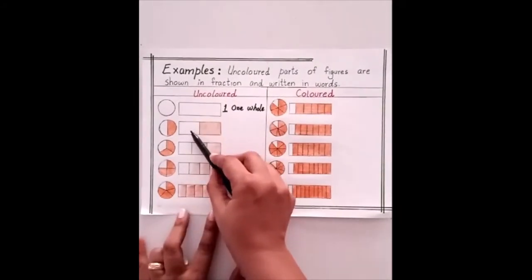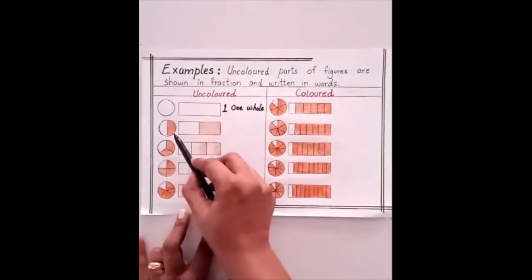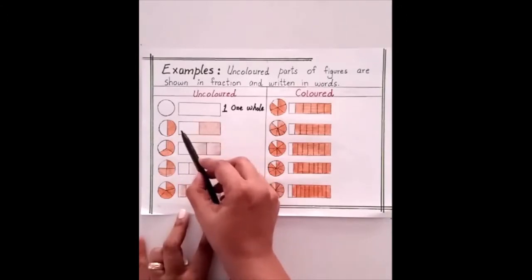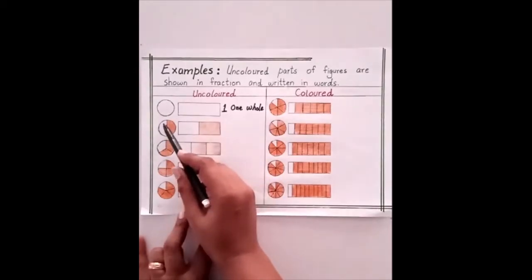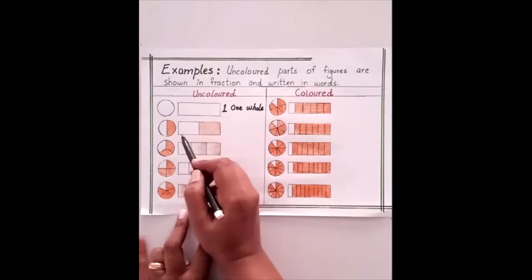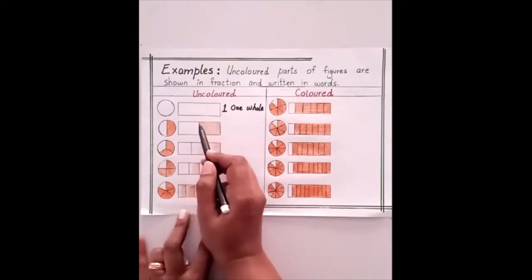Picture number 2 is, the whole is given over here. What we have to do, we will see the total number of parts is 2 and 1 part is uncolored. We have to see uncolored portions here. So uncolored portion is half.